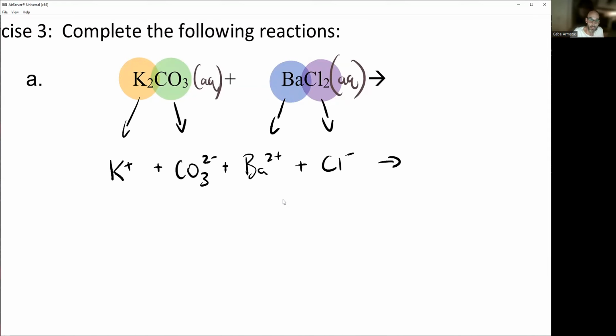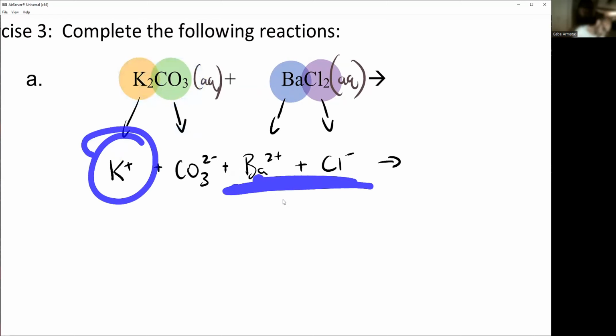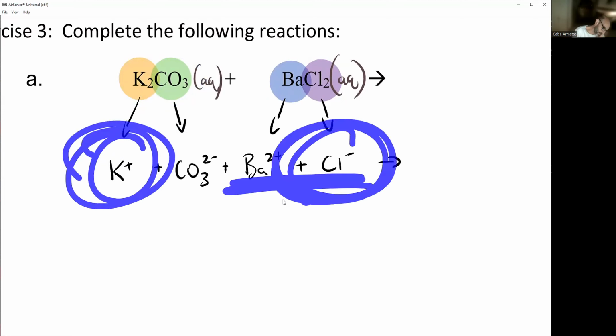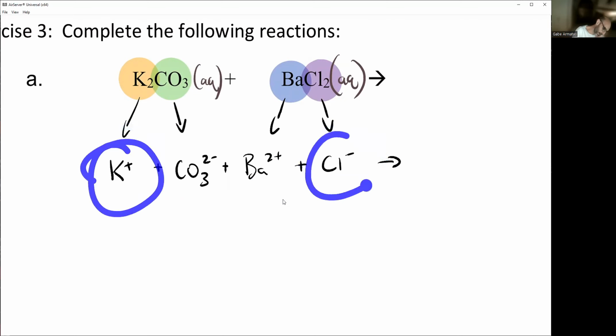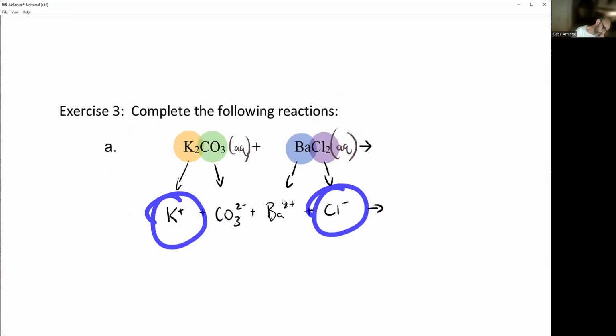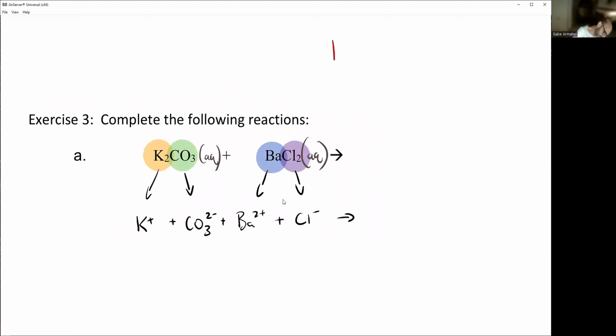Potassium was with carbonate, but now potassium could combine with either of these. Which one is it going to combine with? Well, positives like negatives, so potassium and chloride are going to combine on the other side. These are the things that I now have in solution that can combine together.